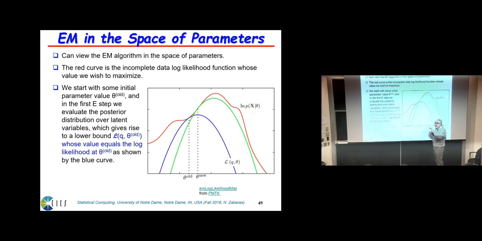So if you remember the formula, the log likelihood is the lower bound plus the KL distance, and the KL distance is 0. So the lower bound on the E step will be the same as the log likelihood. And actually, if you take derivatives, the slope of the log likelihood and of the lower bound at theta old will also be the same.